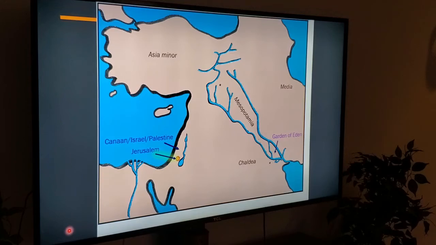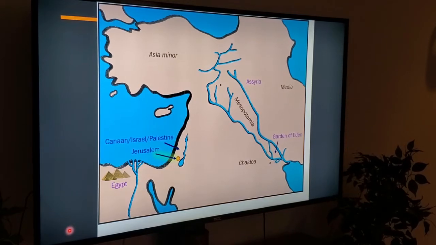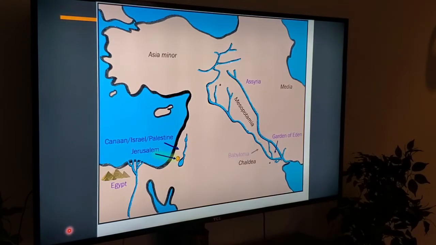All right, what did I just put there? Okay, there's Egypt, obviously, down in the left corner, the nation of Egypt. Little pyramids come up with it. And up there is Assyria. You hear a lot of references to the Syrians in the scriptures.